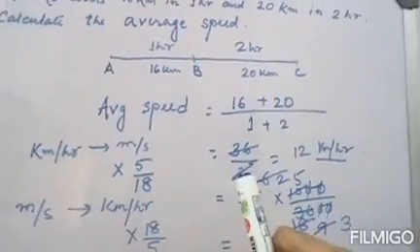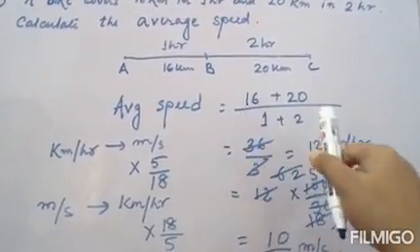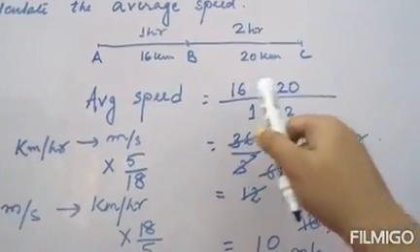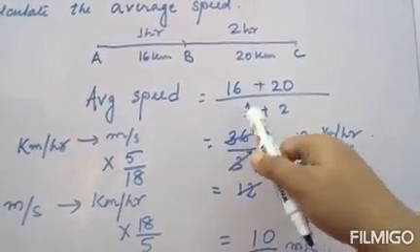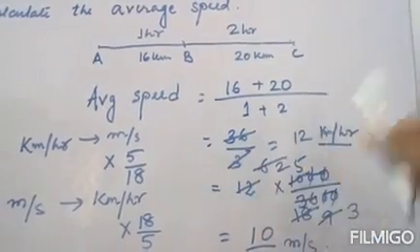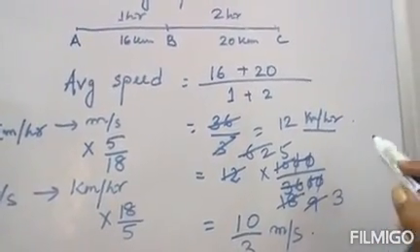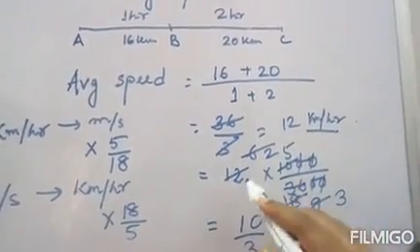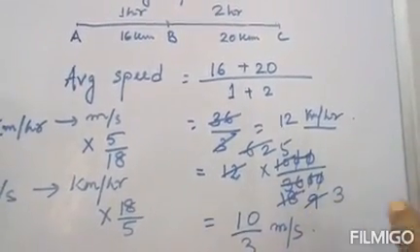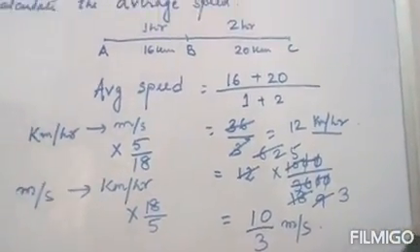So what is the average speed then? Average speed is the total distance traveled by total time taken. Total distance traveled is 16 plus 20, which is 36, and total time is 3, so 12 kilometer per hour. We convert into meter per second, as that is the SI unit, so it will be 12 into 5 by 18, and from there we get 10 by 3 meter per second.